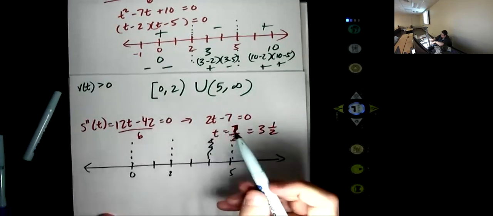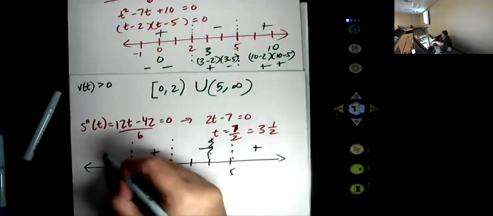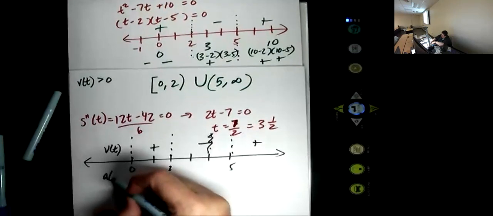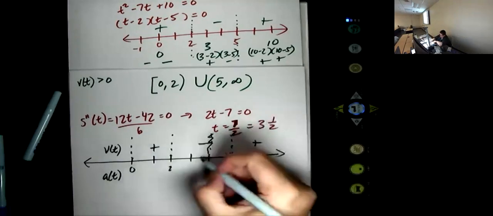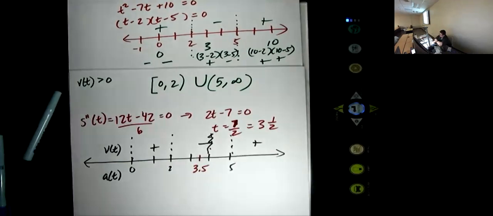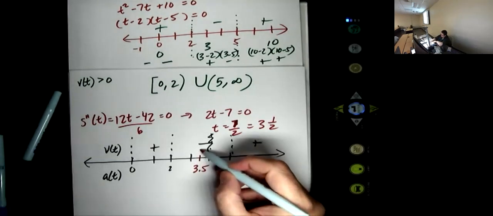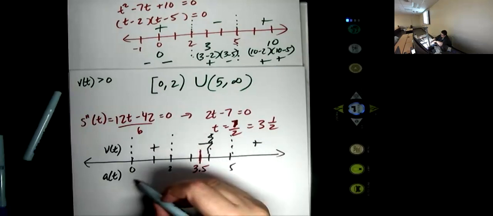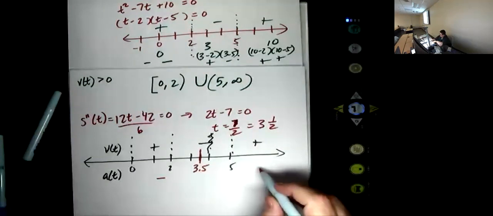So this was positive, negative, and positive for velocity. What about acceleration? Acceleration is showing up at 3.5. So pick values here. And I've got, it's negative for 0 and it's positive for 10.